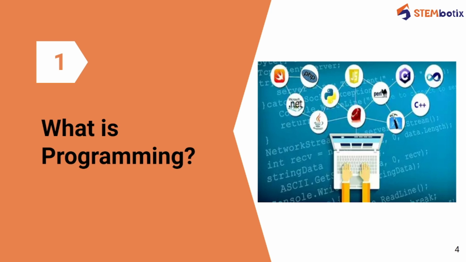So let us first start with the first part of this session, which is what is programming. Programming refers to a technological process for telling a computer which tasks to perform in order to solve a problem. You can think of programming as a collaboration between humans and computers, in which humans create instructions, right?